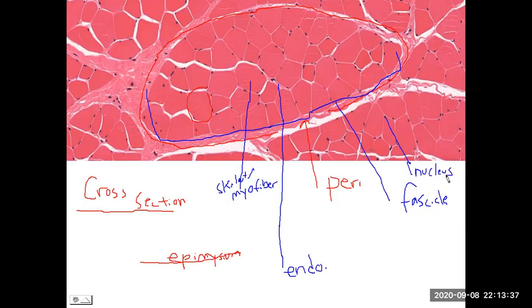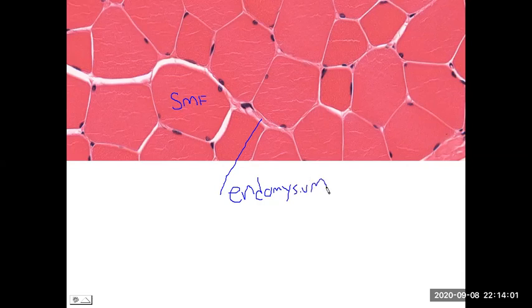And zooming in on the cross section. So we have one skeletal muscle fiber. You can see the pink tissue now directly against the cells. That's the endomysium. And a much closer look at any of the nuclei.